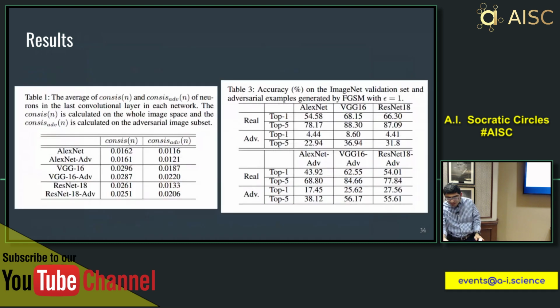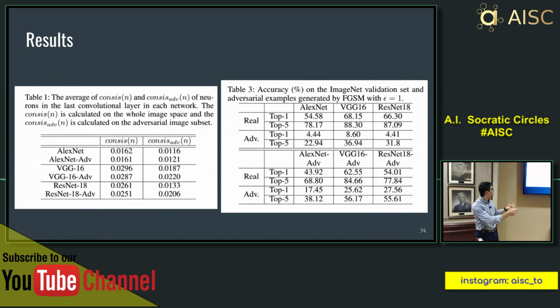And actually, you can see what I said in these numbers. On the right, they are looking at the consistency metrics. The top values are for the original, regular training. The bottom values are with adversarial training. As you can see, the consistency, for example, for AlexNet, which is trained normally, drops from 16 to 11.